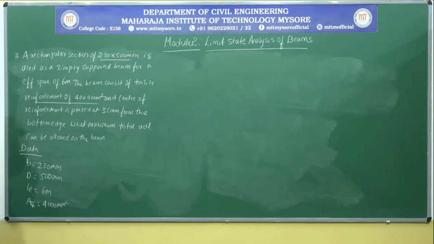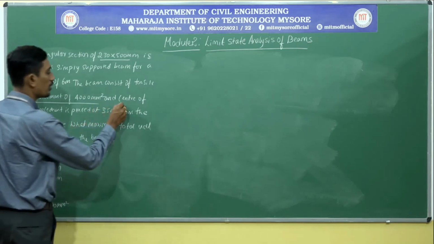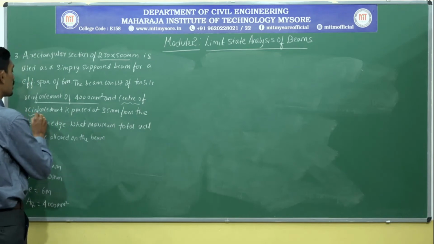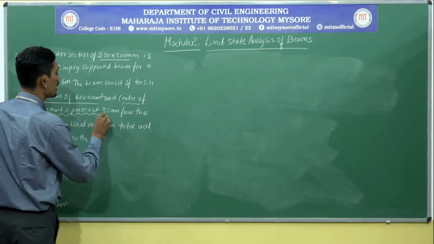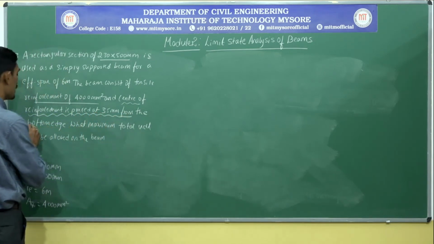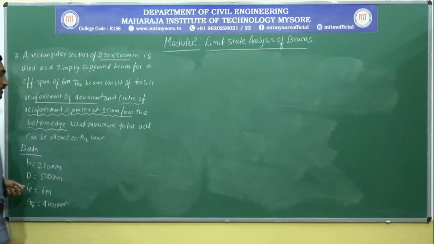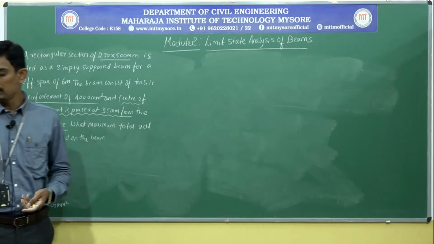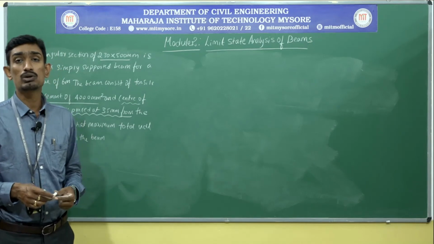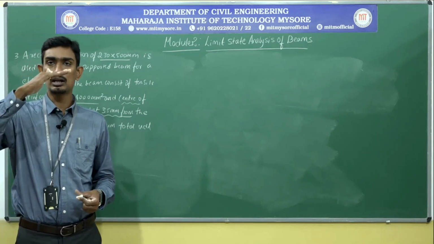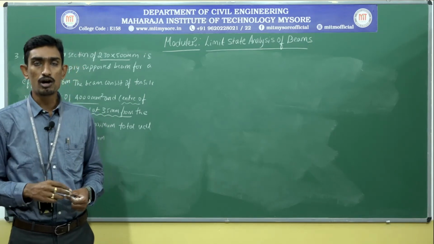And one more very important thing they have given: the center of reinforcement is placed at 35 mm from the bottom edge. So that means they have given the effective cover, center of reinforcement to the bottom edge.